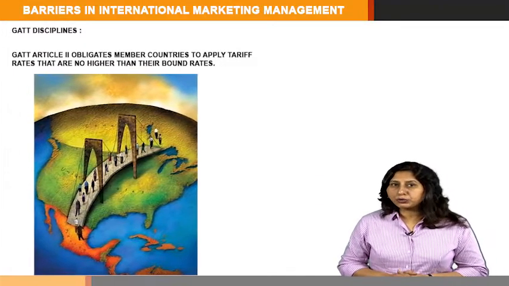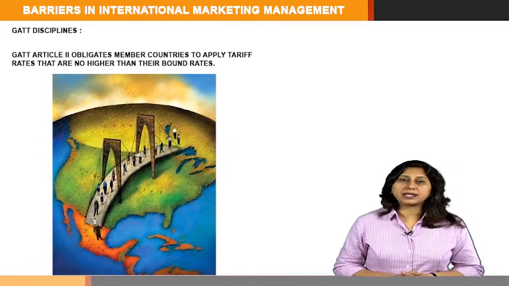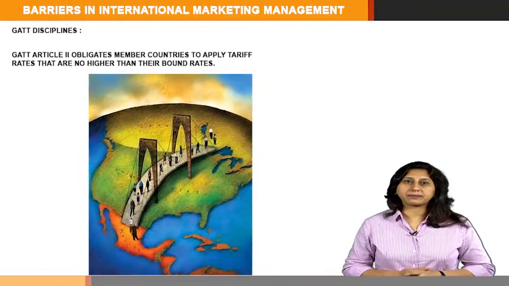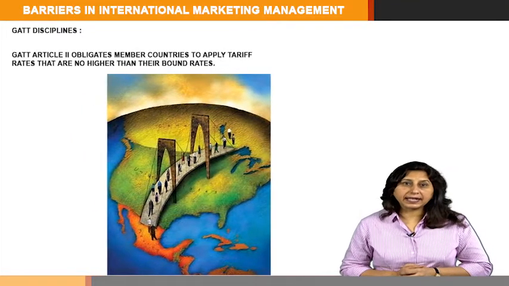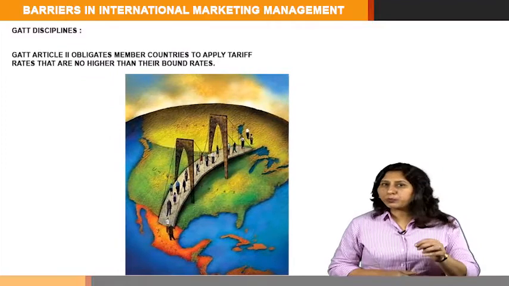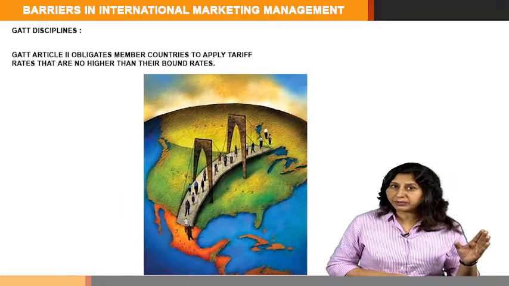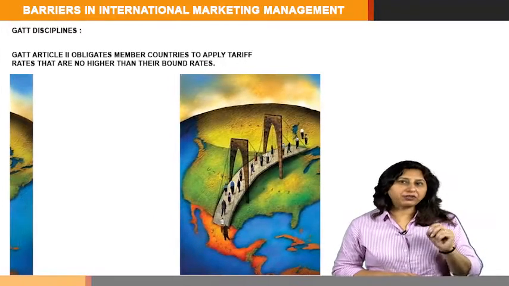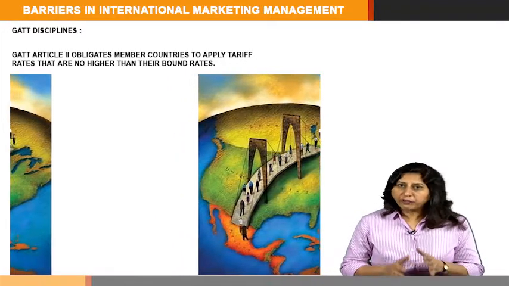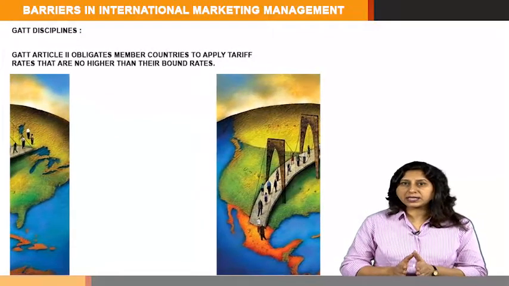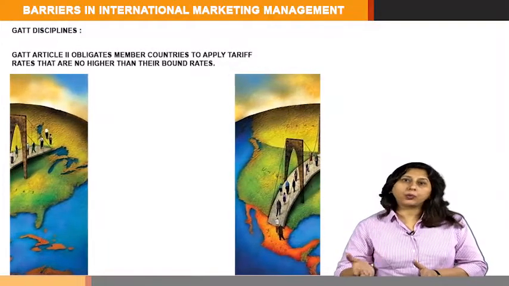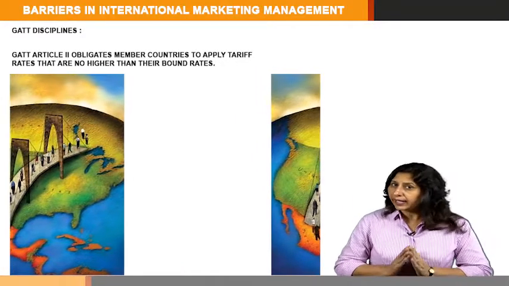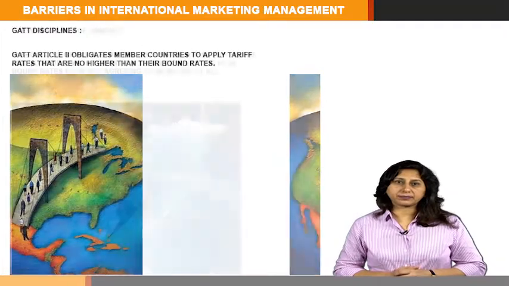GATT Article 2 obligates member countries to apply tariff rates that are no higher than their bound rates. GATT Article 28 specifies that when members wish to raise their bound rates or withdraw tariff concessions, they must negotiate and reach agreements with other members with whom they had initially negotiated, and enter into consultations with major supplying countries that have a substantial interest in any change in the bound rate.